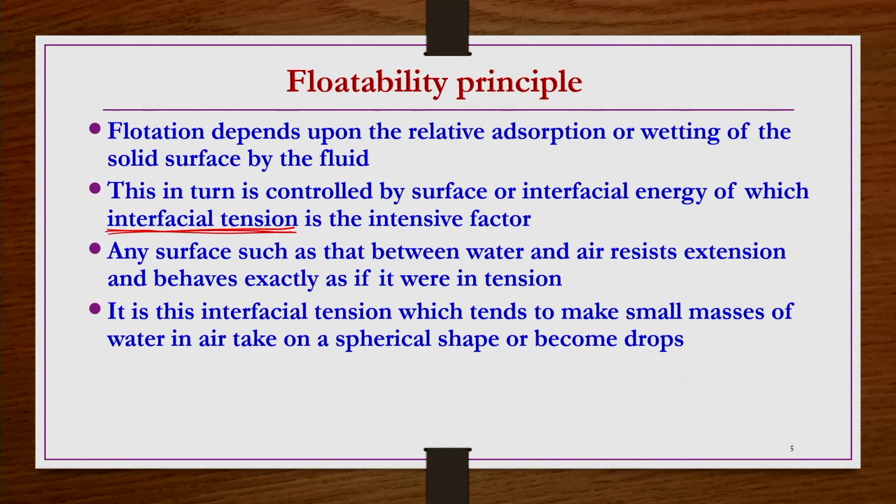Interfacial tension, in other words, is a kind of resistance to extension of the surface; the resistance force is the interfacial force. This interfacial tension does not allow the material to stretch; rather, the material will try to take a form where the energy is lower, which has a lower surface area.